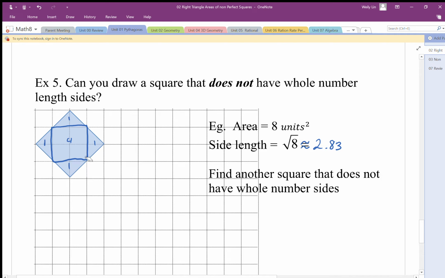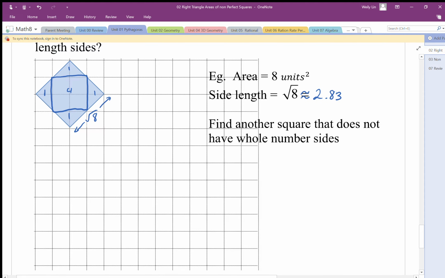So this side length is about 2.83, but it is exactly square root 8. Okay, and this is what we call an exact value. Square root 8 is the side length along that edge. It is a square, and we know there's exactly 8 squares in there, so the side length must be the square root of 8.